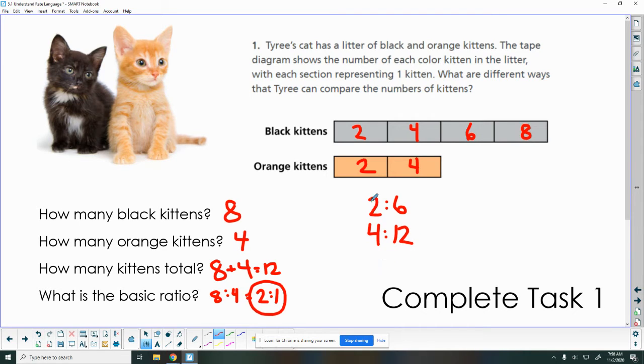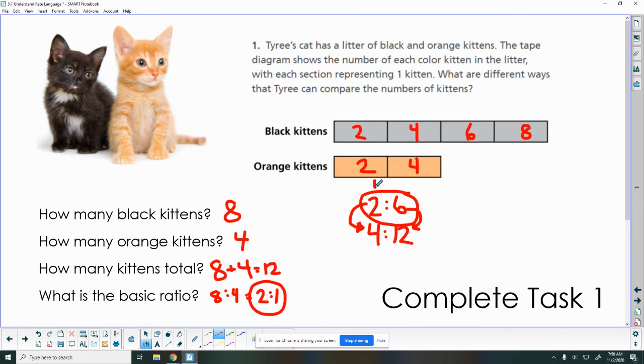So let's see, how do I get from 2 to 4? Times by 2. 6 times 2 is 12. So these are equivalent ratios. They're the same thing. So we just need to simplify this to see how many orange kittens there are compared to the total.